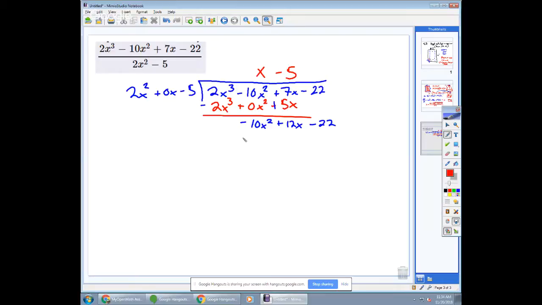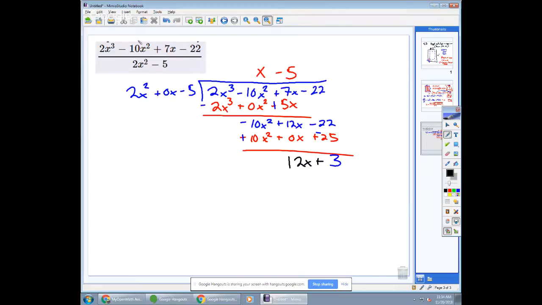Negative 5 times 2x squared is negative 10x squared plus 0x plus 25. And change the signs and add. So that gives me a 12x plus 3.